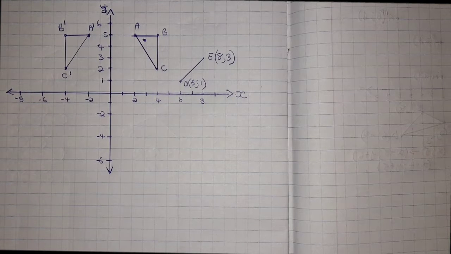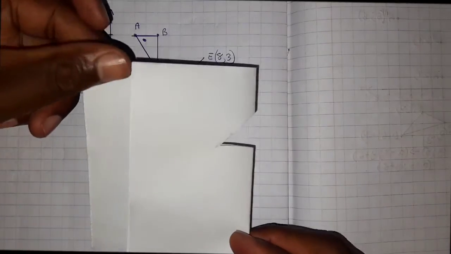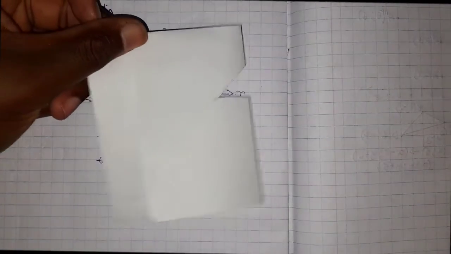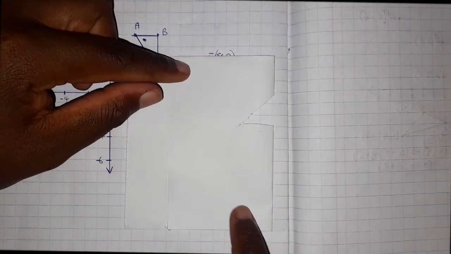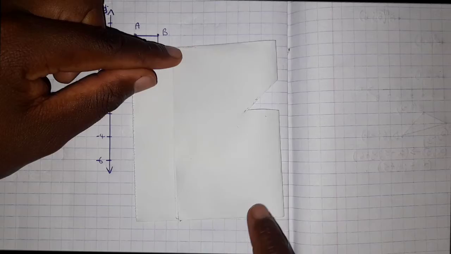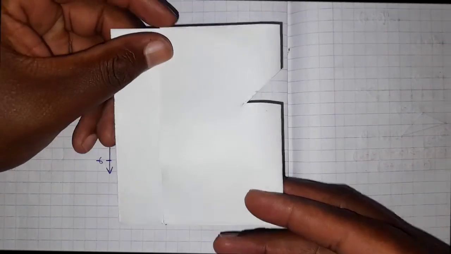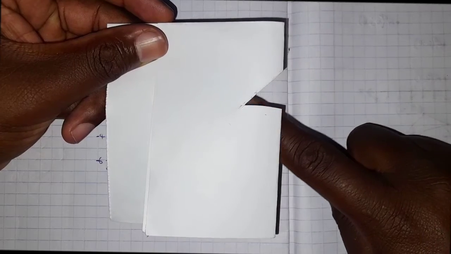Now I was trying to think how exactly I can explain these reflections, and then I said let me make use of a paper. I have a piece of paper here. I folded it 2 times, and then I used a pair of scissors to cut it here.